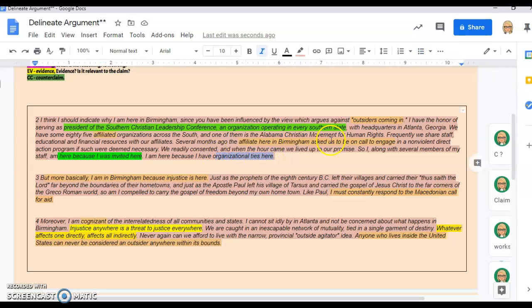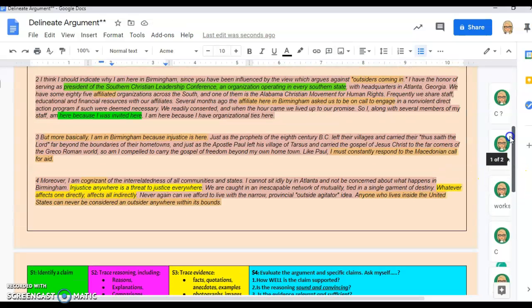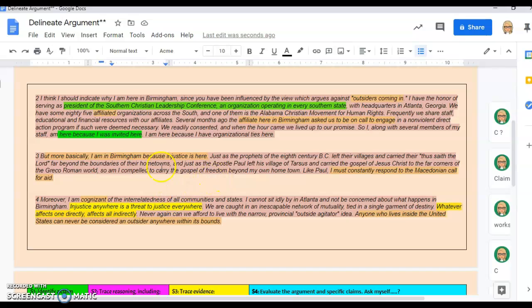Let's see. So we'll say that he has organizational ties. All right, so trace evidence, facts, quotes, anecdotes. Well, I think this might actually be a fact.